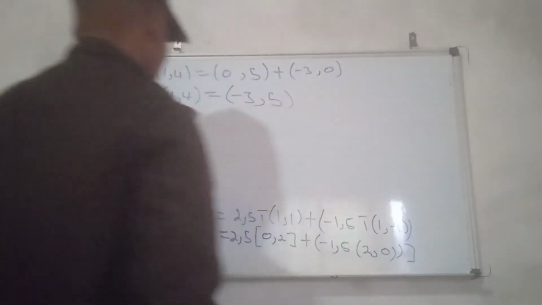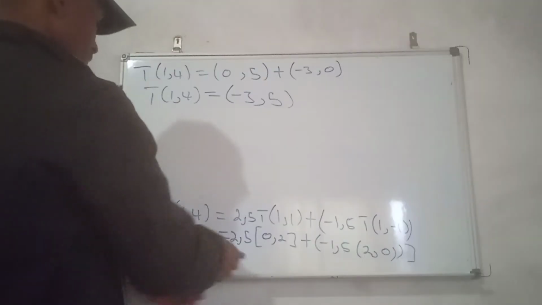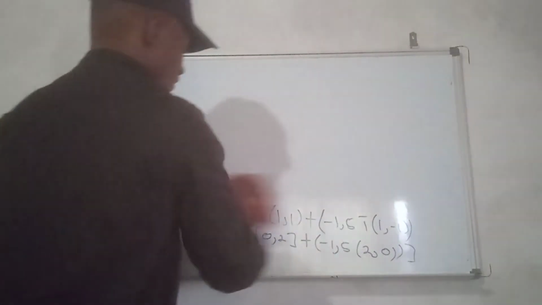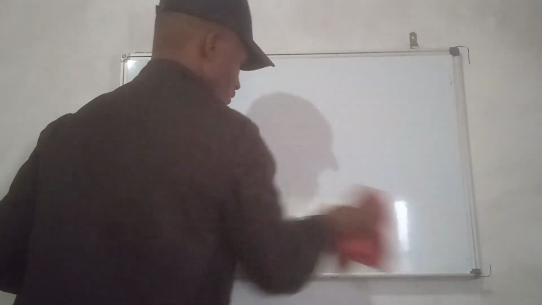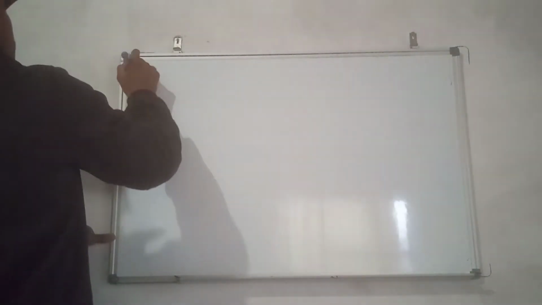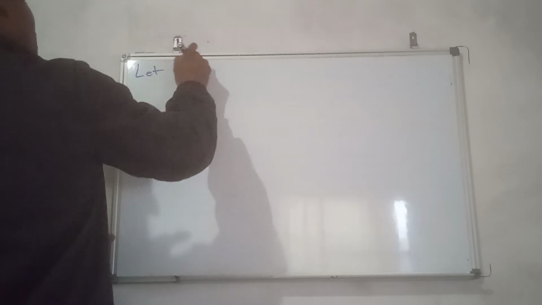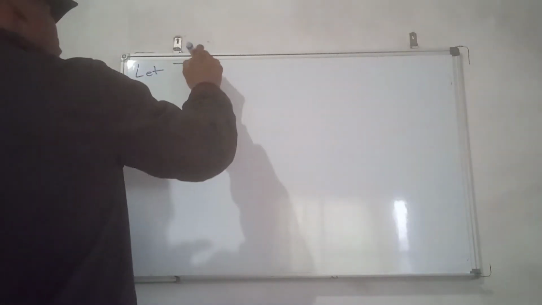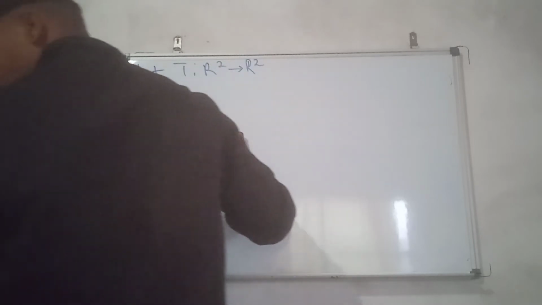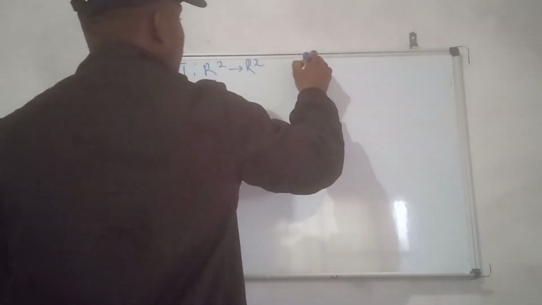Let's pick one last example. It says, let T map from second dimension all the way to second dimension, be a linear transformation.